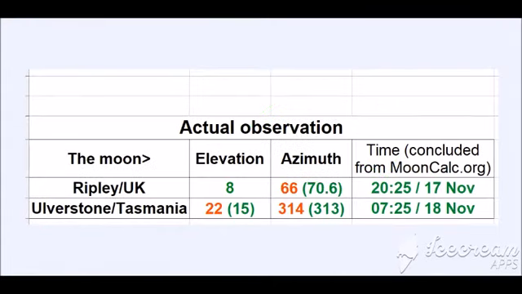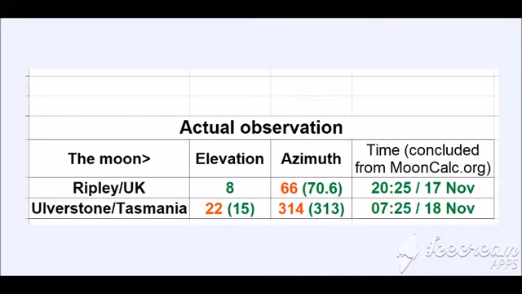So these were my findings: when the elevation angle was 8, that was 8:25, but the azimuth was 70. And for Ulverstone, Tasmania, at that time, 11 hours ahead of the UK, that's 7 a.m. there, the elevation was 15 and the azimuth was 313.